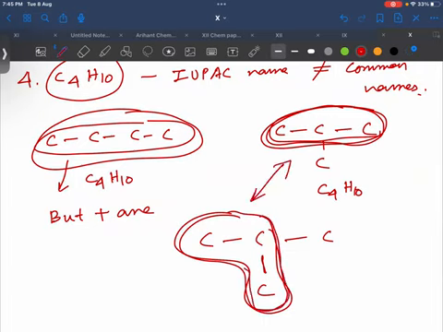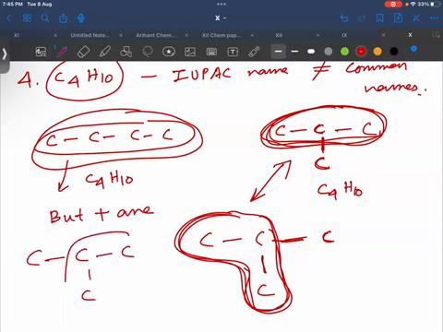Both are the same case. If I choose the upper one, at the second carbon you are getting a C. If you choose the lower one, at the second carbon you are again getting the C. Parent chain should be the longest continuous chain of carbon atoms. It can be straight or it can be zigzag. Understood everyone?